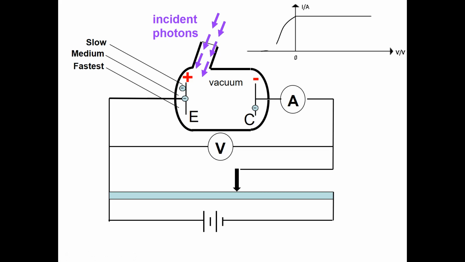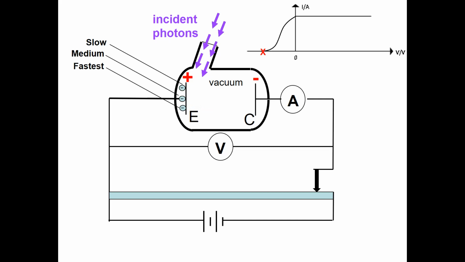And so if we continue to increase the stopping potential, to the point where all electrons cannot reach, and even the fastest one cannot reach, now we get zero current.